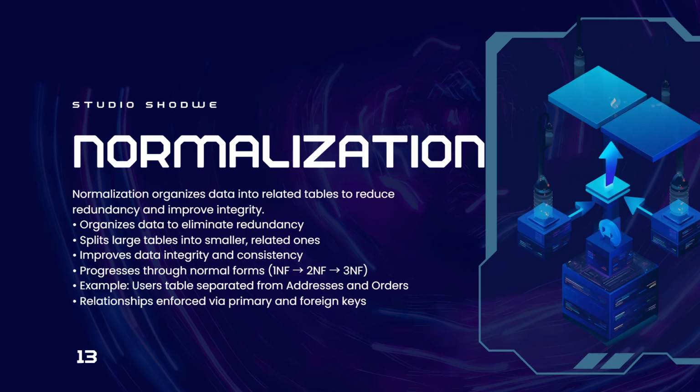So we split the large tables into smaller, related ones. For example, the users table is separated from addresses and orders. The relationships in normalization are enforced by using primary keys and foreign keys.